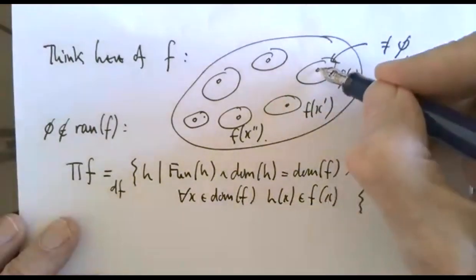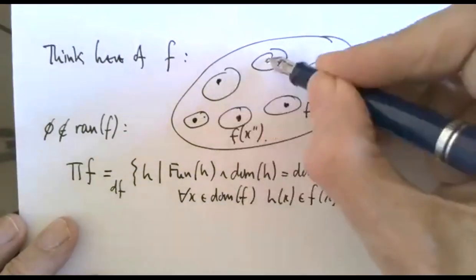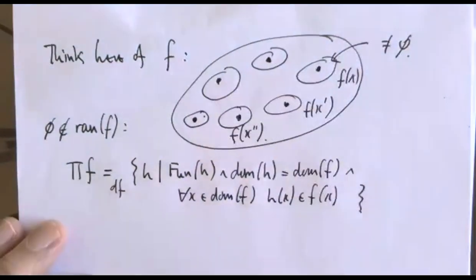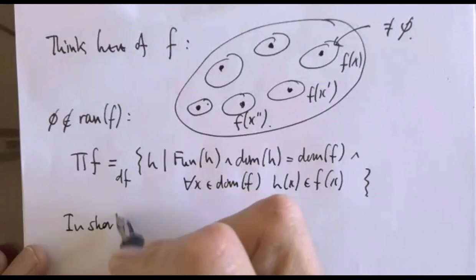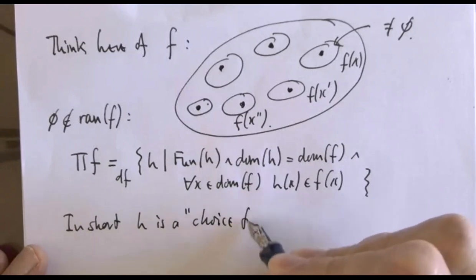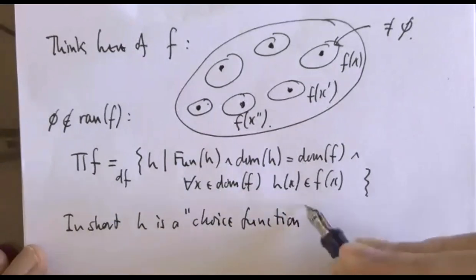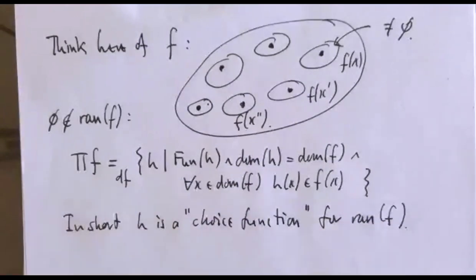So here is an h picking out things from each element of f of x. So in short, h is a choice function for the range of f. It's just a rather mathematical way of saying that in this definition. Okay, I hope that's all right.